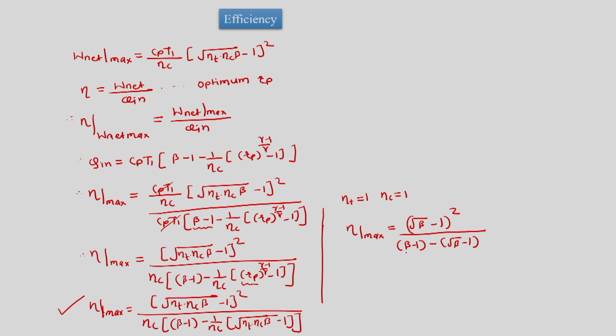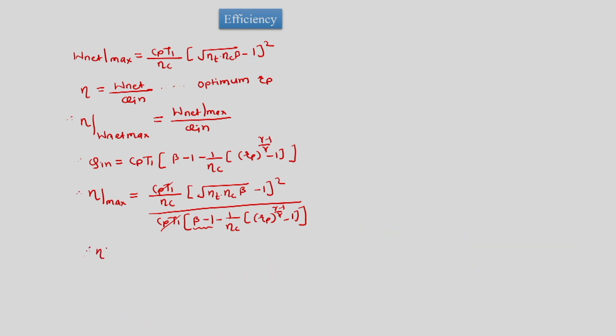So here we practically have square root of beta minus 1 bracket square divided by beta minus 1 minus square root of beta plus 1. So this 1 gets cancelled and then we can take square root of beta common. Then we have square root of beta minus 1 bracket square. We will take square root of beta common and then we have square root of beta minus 1.